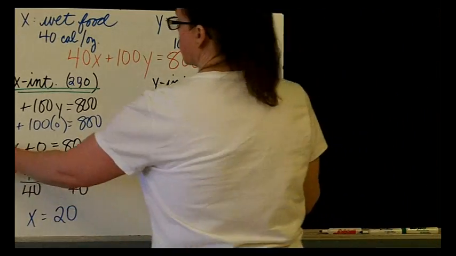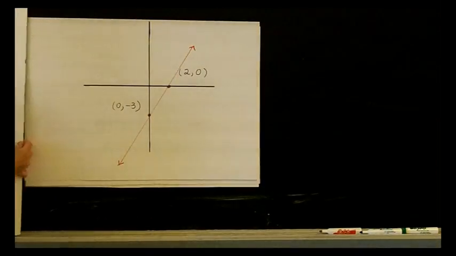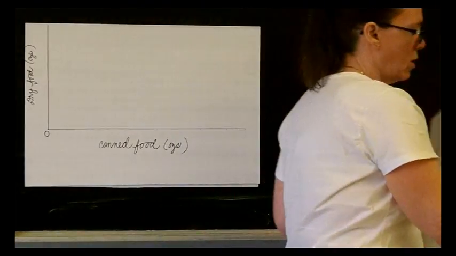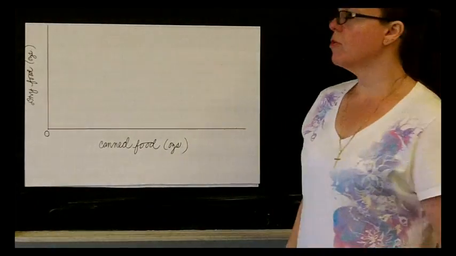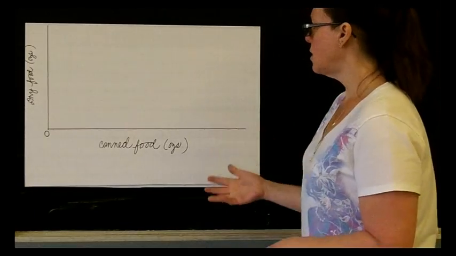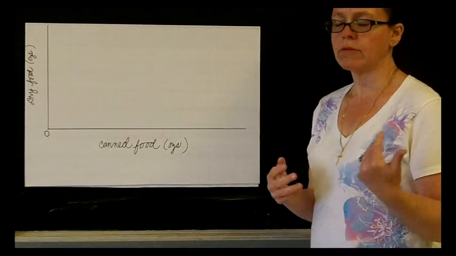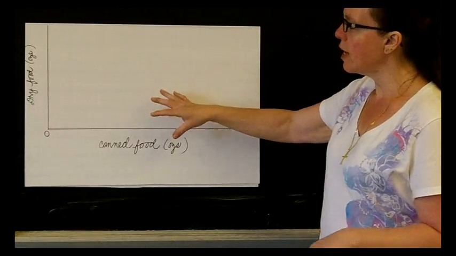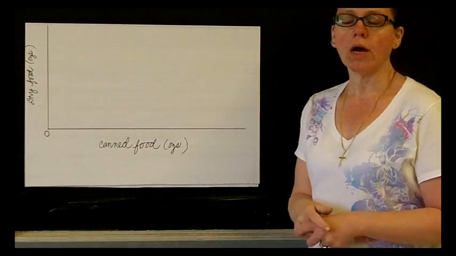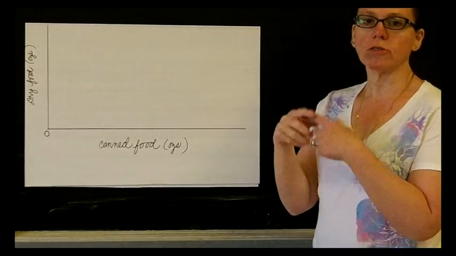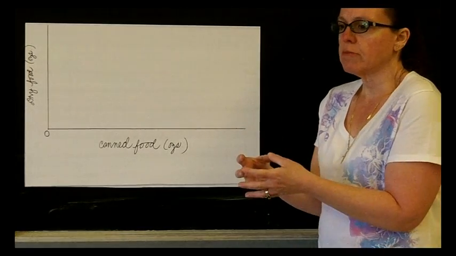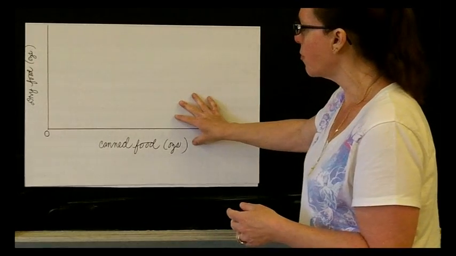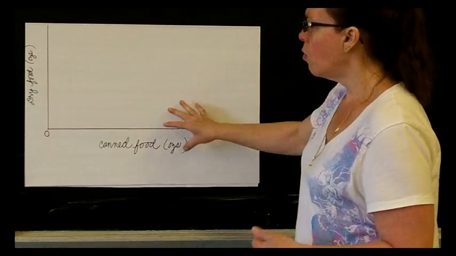Next part is to graph the line. Now this graph is different from the graph that we completed in part A, and in example 1, pardon me, and there's a reason for that. When we have a real-life application for a pre-algebra skill that we're learning, so that means we learn something in math and we use it in our real life, we have to make the graph to fit our needs.